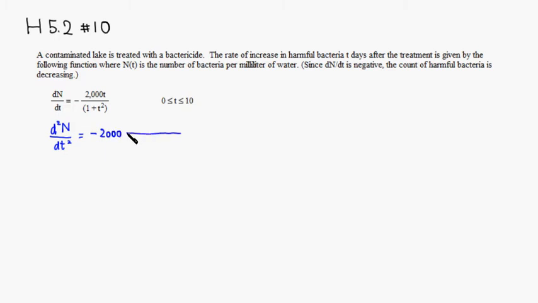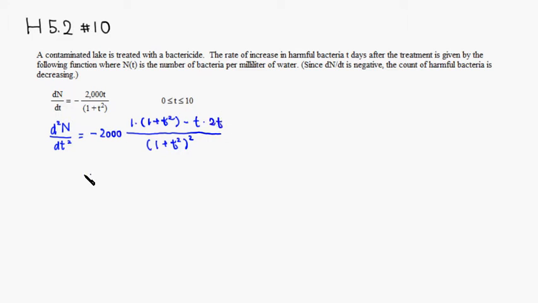And here, quotient rule, square the bottom guy, so it's 1 plus t squared. Derivative of t is 1 times the bottom, 1 plus t squared, minus top guy times the derivative of the bottom, which is 2t.